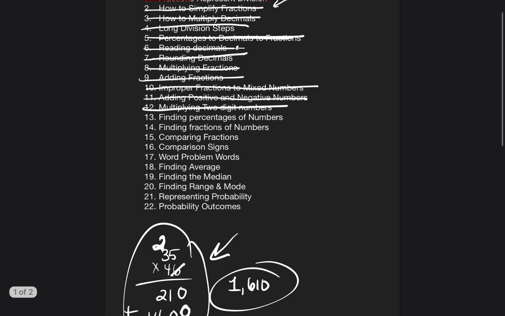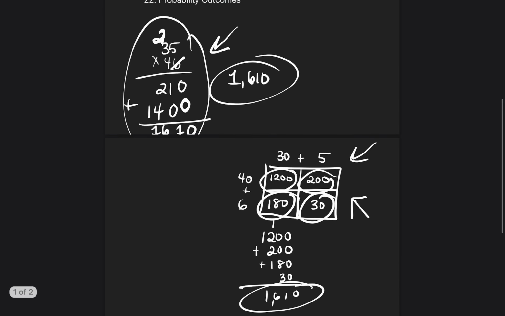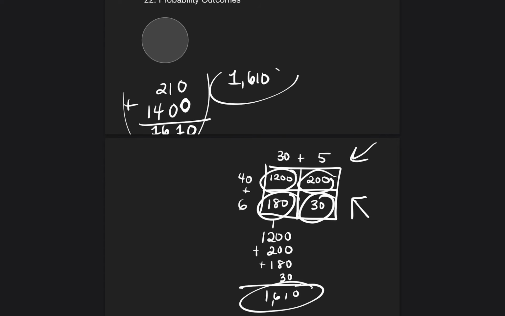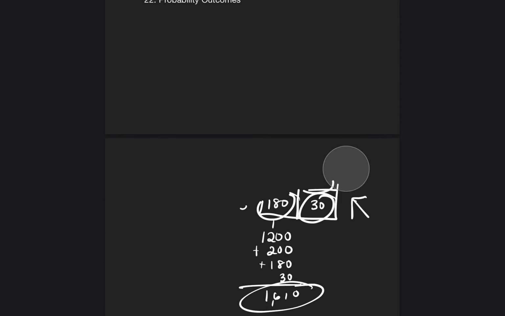All right, so now we're going to talk about finding percentages of numbers. So what do I mean by that? Now, I really want you to pay attention to this one because this one appears on all standardized tests. You'll see a question that says something like, what is 30% of 75?